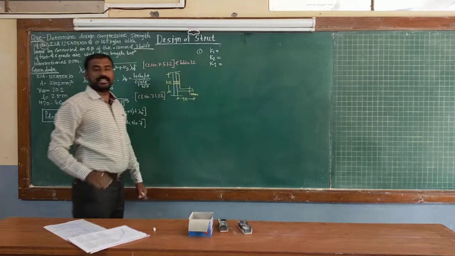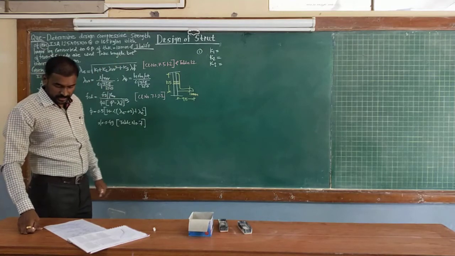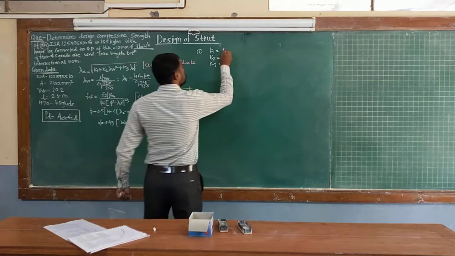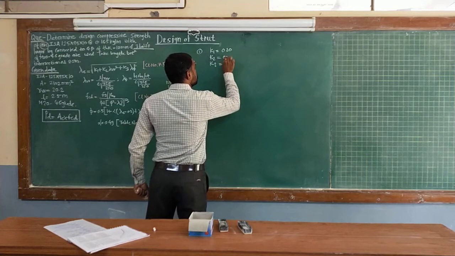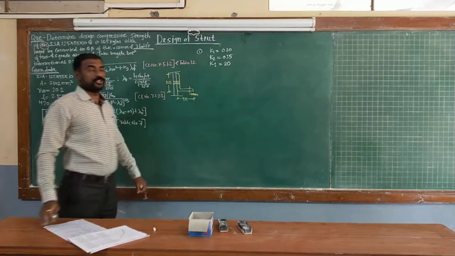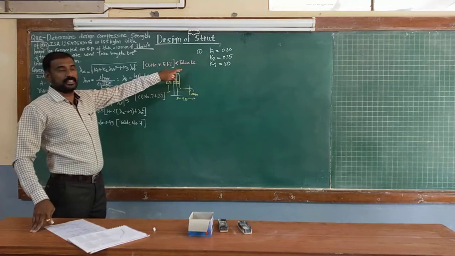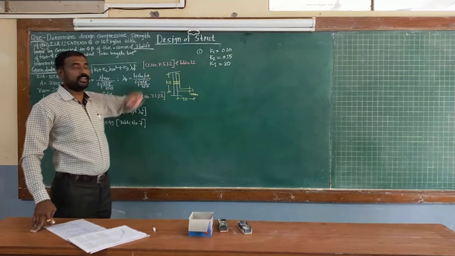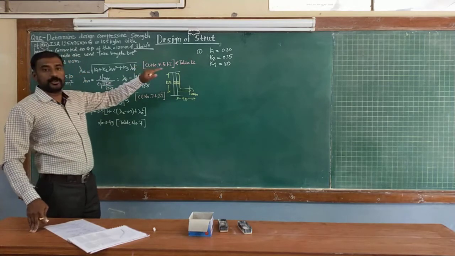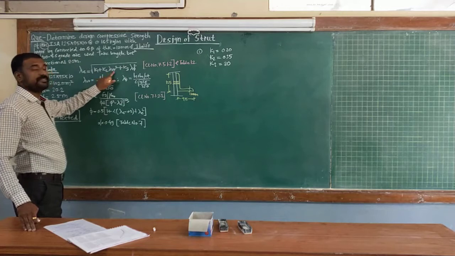By considering more than 2 bolts, that is 3 given, and fixed condition, K1 value is 0.20, K2 is 0.35 and K3 is 20, correct. These values are exactly given below table 12, and according to that we are assuming K1, K2 and K3. Now, comparing K1, K2, K3, you will require the lambda vv value, correct.